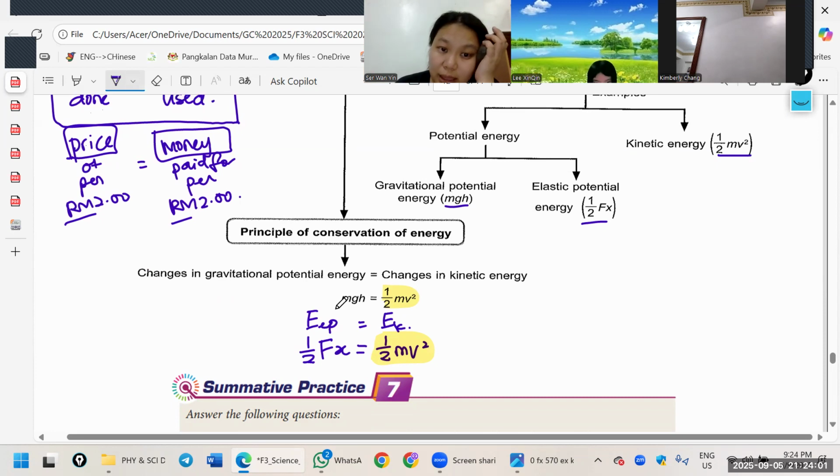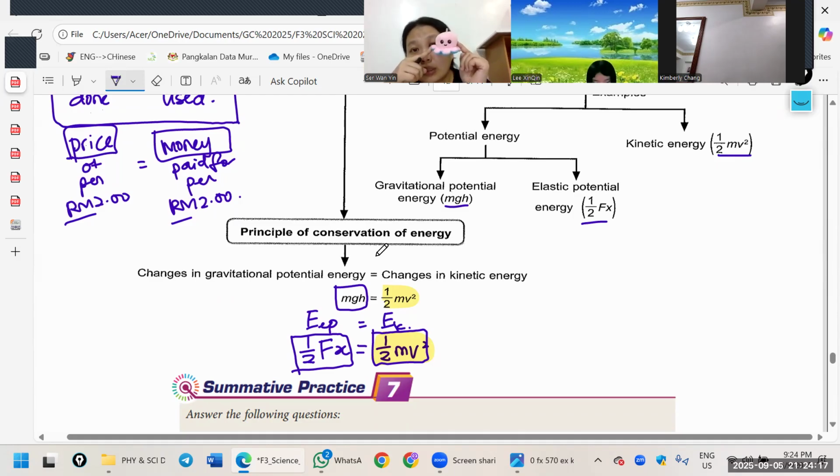So most of the time it would be either elastic potential energy changing to kinetic energy, or, with some height, gravitational potential energy changing to kinetic energy. That's it.